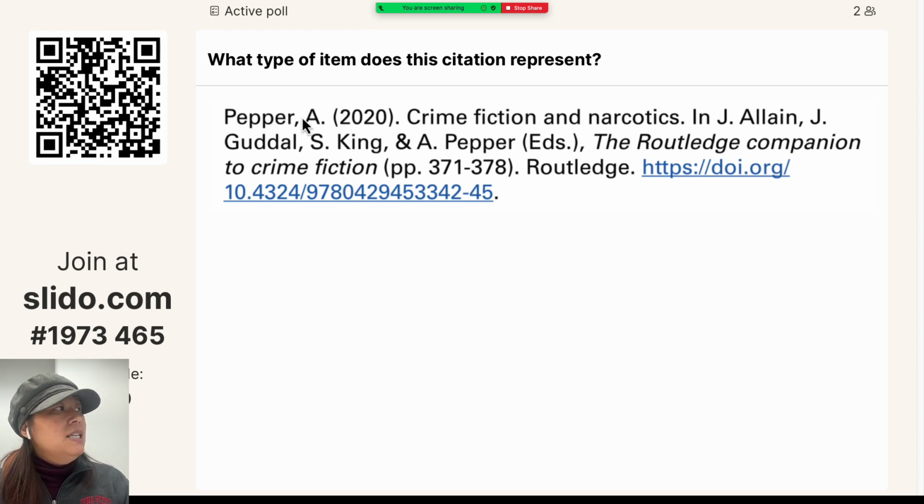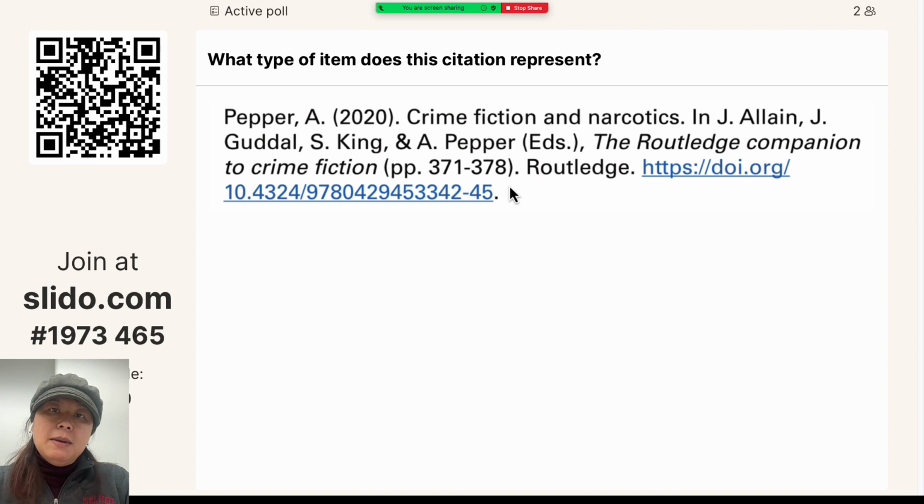This first name is the author, and then you notice, though, it says in, and it says Alain, Goodall, King, and Pepper. EDS means editors. So this is the author, and then these are the editors. I'm going to explain that in a minute. So what this is saying is this book chapter, Crime, Fiction, and Narcotics, is found in the Routledge Companion to Crime Fiction on pages 371 to 378 in that book.